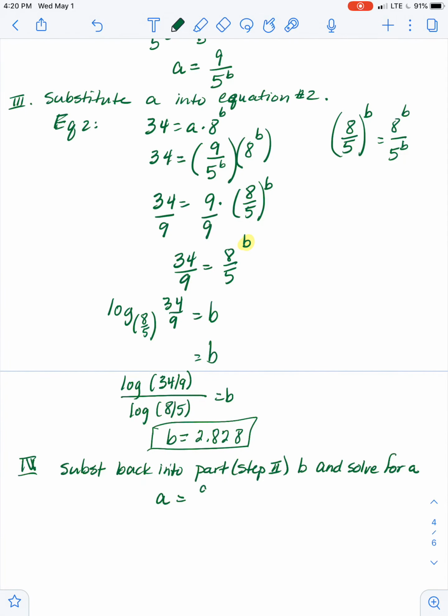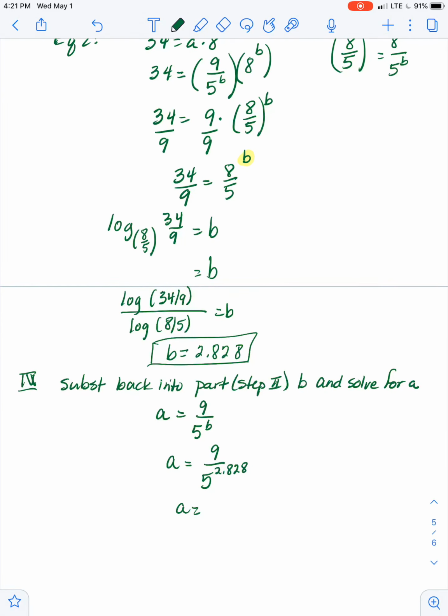This is what I had, 9 over 5 to the b, and b is 2.828. I'm going to put that in my calculator: 9 divided by 5, and then I use the caret key, 2.828. If you don't know where the caret key is, I can help you with that. And I get 0.0949, but that's going to round to 0.095.